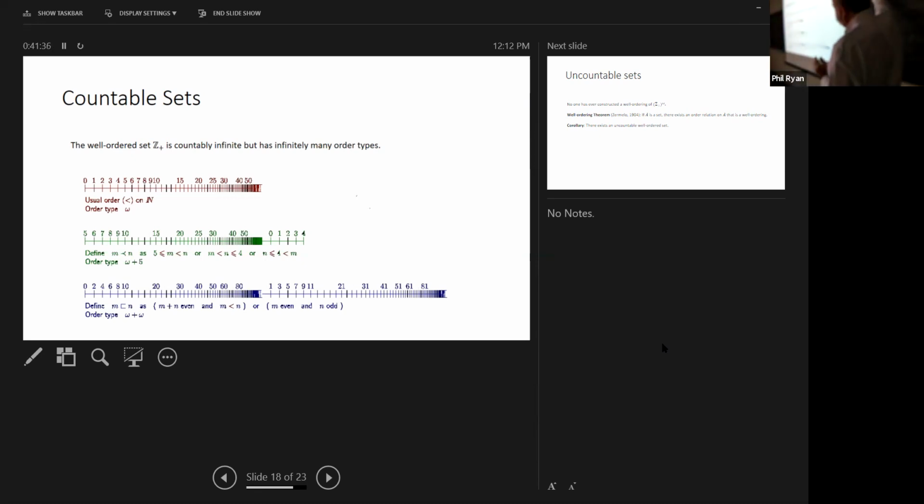So that 2, because there's only one finite ordinal type, can represent both the cardinal number and the ordinal number. But with infinite, you've got trouble. So the cardinal numbers can't represent the ordinal numbers because of these kinds of things. This is the kind of thing you can do in set theory.